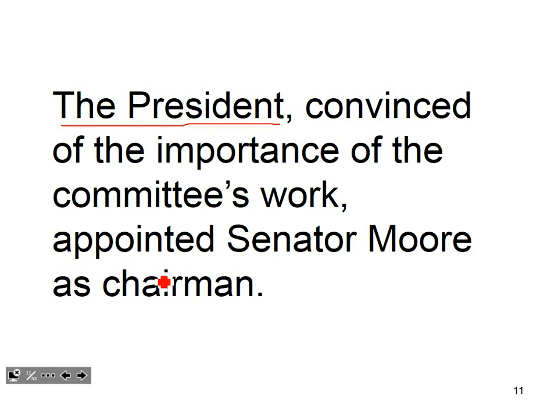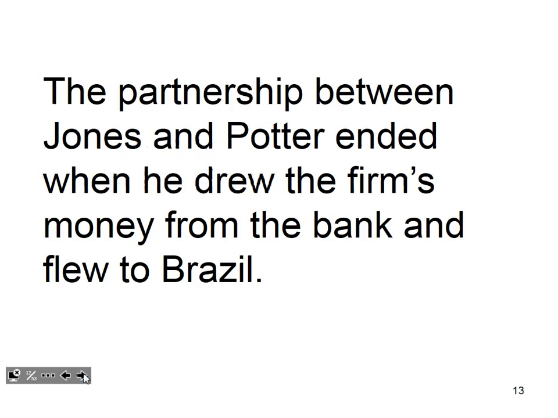Another sentence with an ambiguous reference problem is this one here. The partnership between Jones and Potter ended when he drew the firm's money from the bank and flew to Brazil. So this pronoun he is ambiguous because we don't know whether it refers to Jones or Potter, who drew the firm's money from the bank and flew to Brazil.